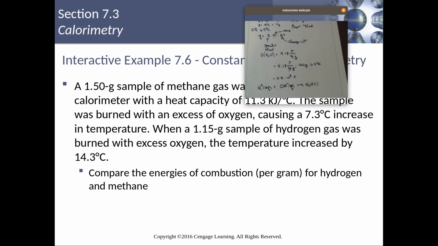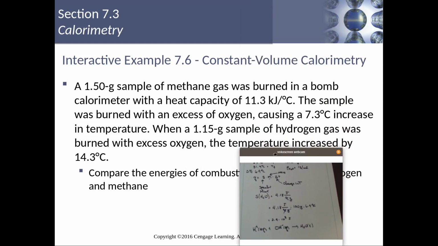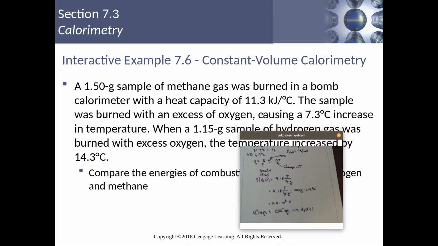If I have some hydrogen, I get a temperature increase of 14.3 degrees Celsius. Now the key is, this is telling you the heat capacity of the bomb calorimeter, in kilojoules per degree Celsius.